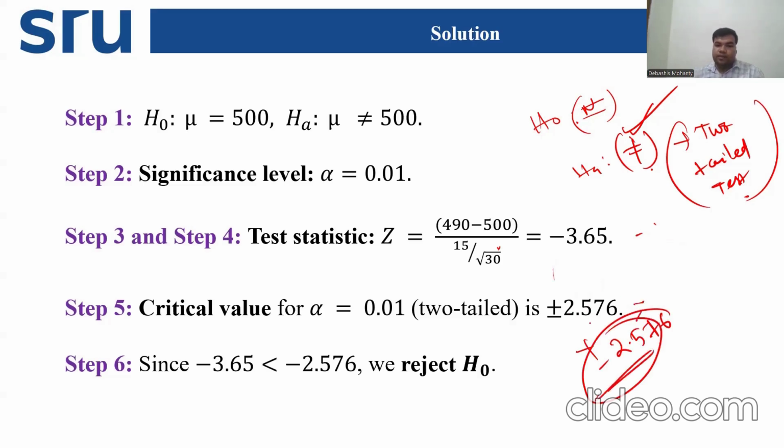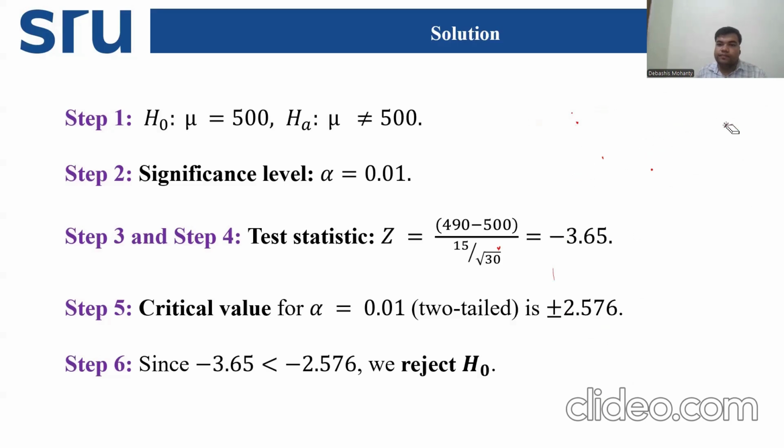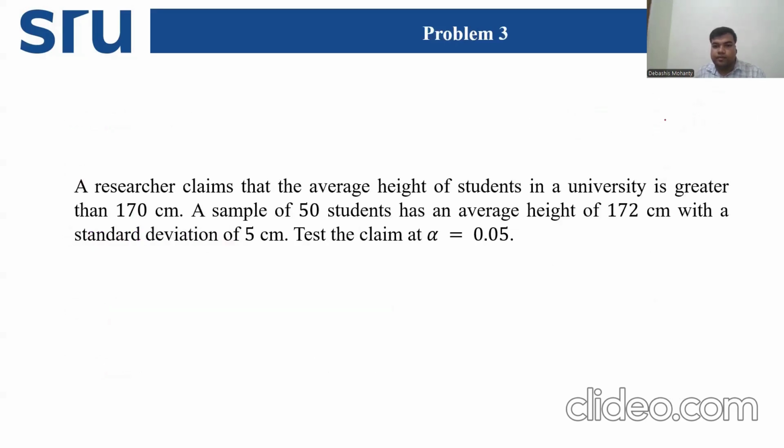In the next step, we have to check whether we reject the null hypothesis or fail to reject it. So what is the condition? The condition is that minus 3.65 is less than minus 2.576.